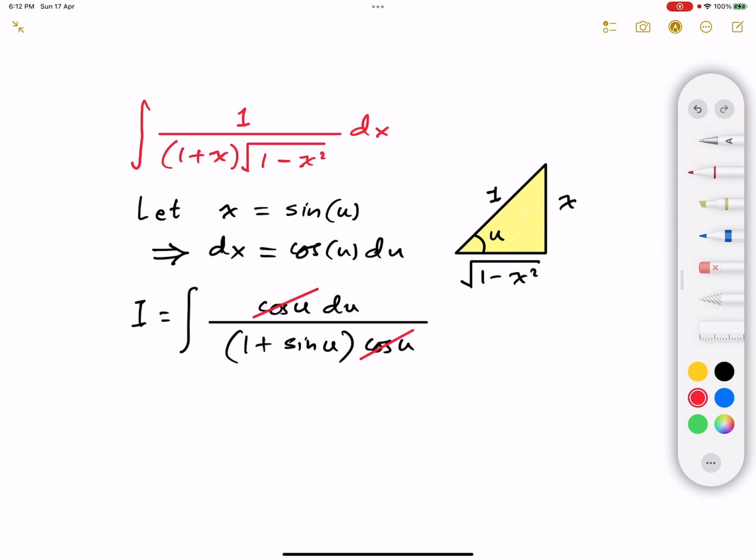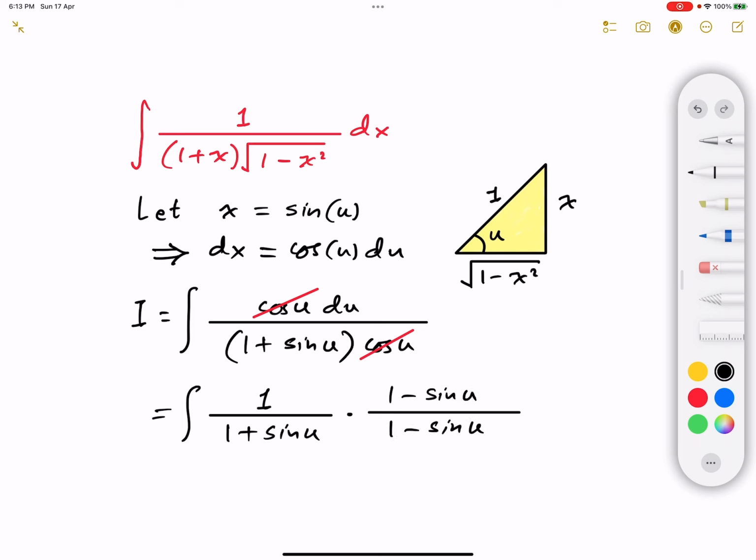We're going to be left with the integral of 1 over 1 plus sine u. So what I'm going to do here, I will multiply the numerator and the denominator by 1 minus sine u over 1 minus sine u, and of course du.